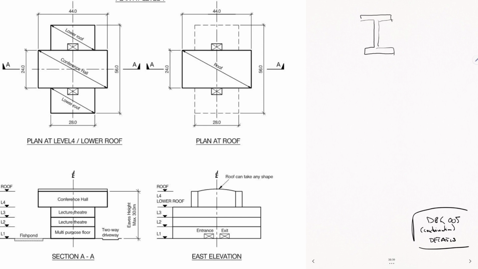And the final detail is a detail that I included every time I did a mock exam, when they say that there was some type of glazing. Of course, it varies depending on if you're supporting from underneath or from the top, or what type of edge beam you have. But every time you have glazing, it'll be supported somehow to the main structure.